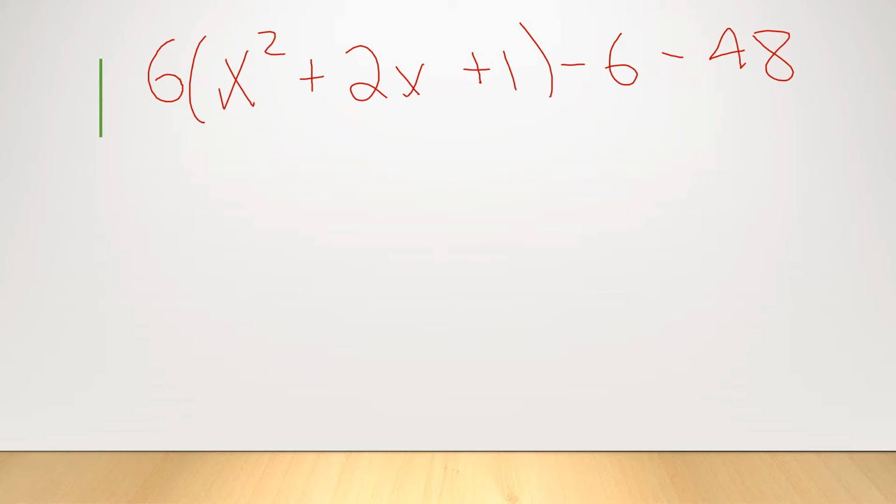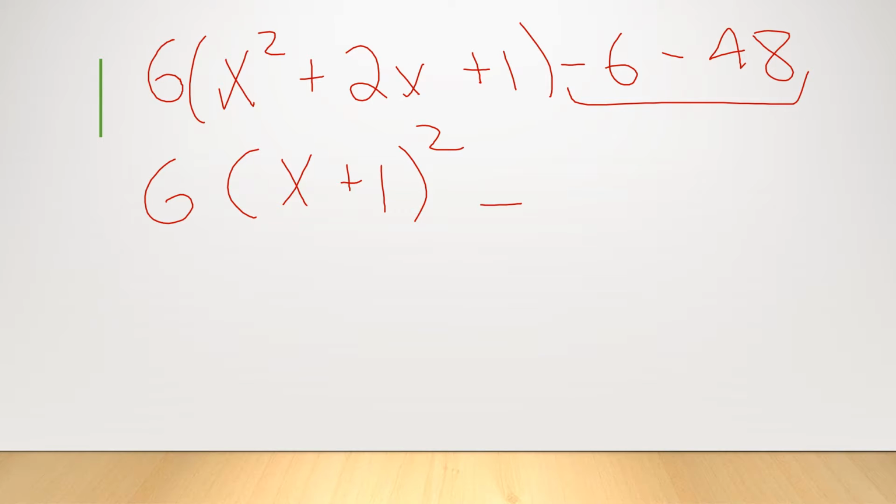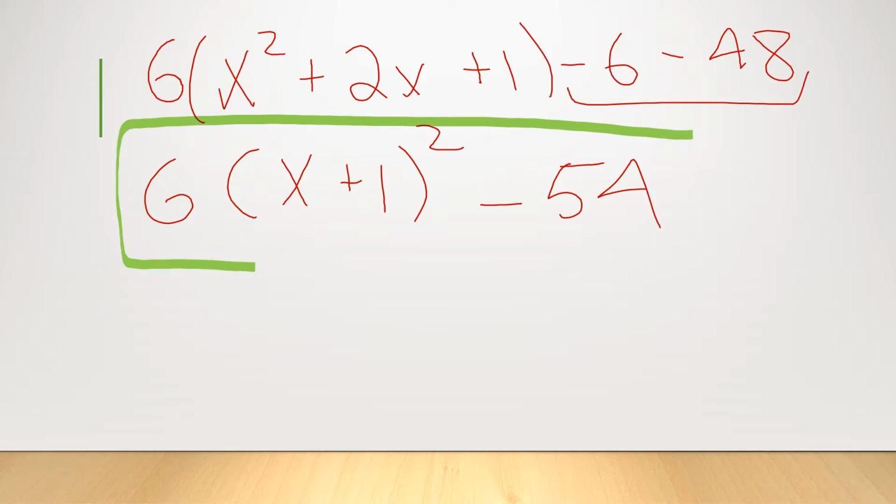All right, so x squared plus 2x plus 1, we made that into something that's easily factored, and that would just be (x plus 1) squared. Because if you expand that out, you get x squared plus 2x plus 1. Then negative 6 minus 48 is simply minus 54. And that is going to be our final answer.